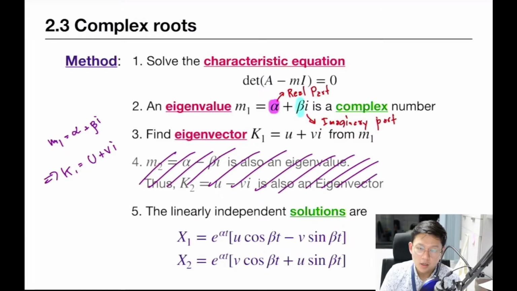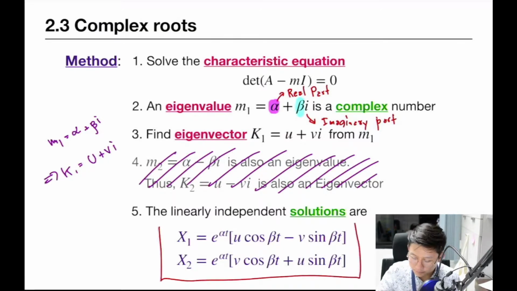It's an engineering course, so we are more interested in producing solutions. We're not interested much in the theory. So the solutions x1 and x2 are in this form.